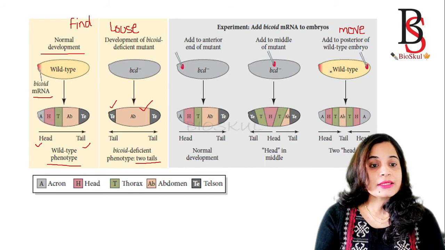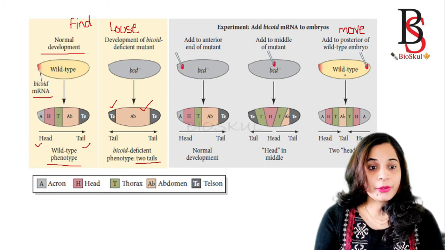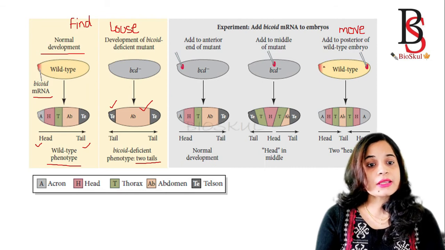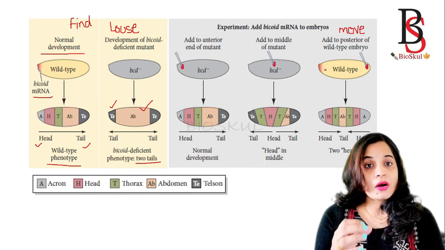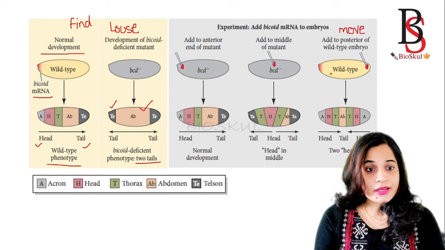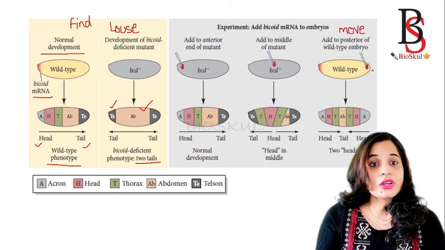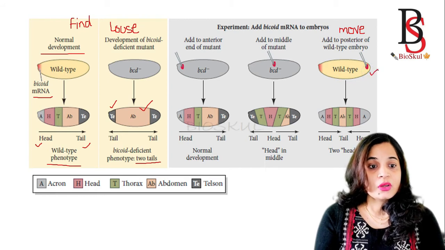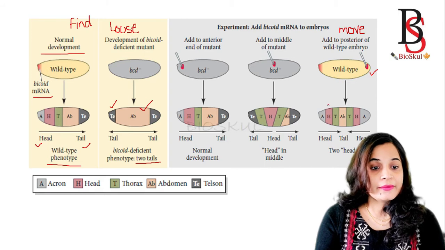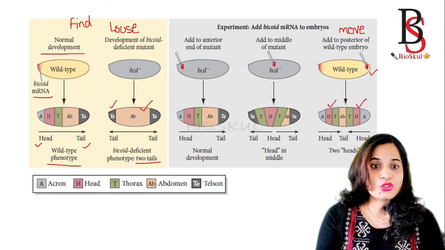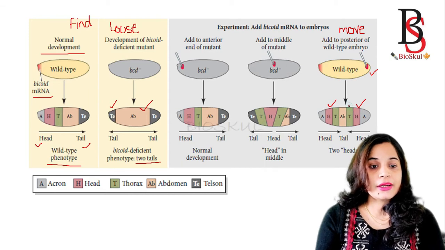This is the wild type embryo, where the bicoid gradient is higher in the anterior end, but you also inject the bicoid mRNA to the posterior end. So what will it form? It will form two heads, one head at the anterior end and another head at the posterior end, and the region near the head will form the thorax.